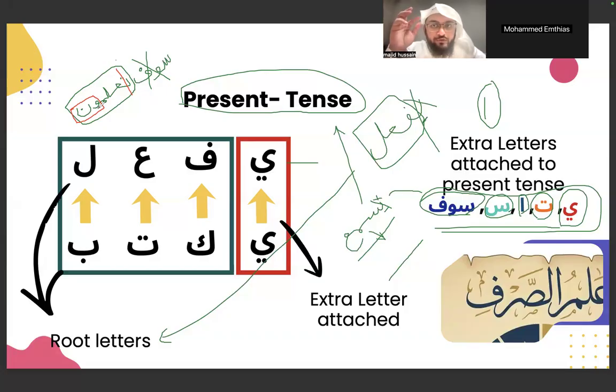Here also in the verbs, we add Waw Noon to make the verb plural. This is also an extra thing.